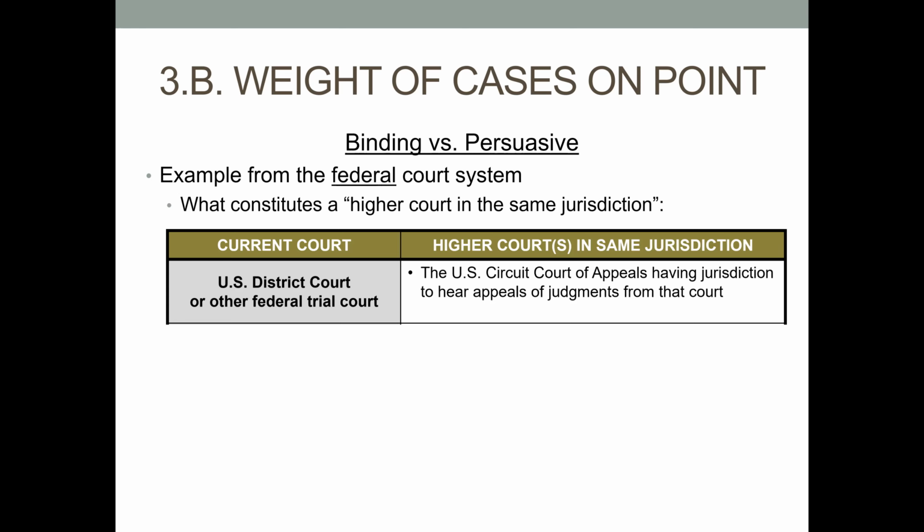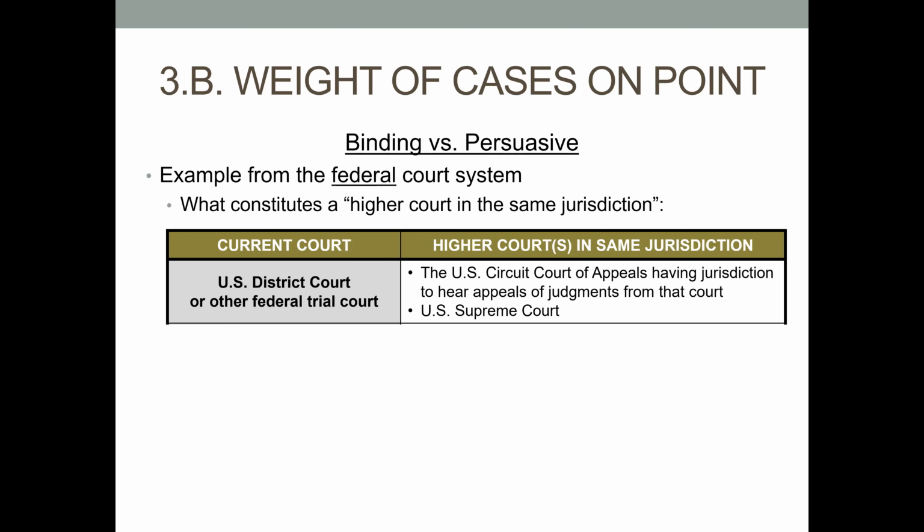So if you are in the U.S. district, either any of the 4 U.S. district courts in Texas, for example, then the opinions on point issued by the Fifth Circuit Court of Appeals in New Orleans would be binding on your court, because that's the court that has appellate jurisdiction over federal trial court judgments when those courts sit in Texas, as well as Louisiana and Mississippi.